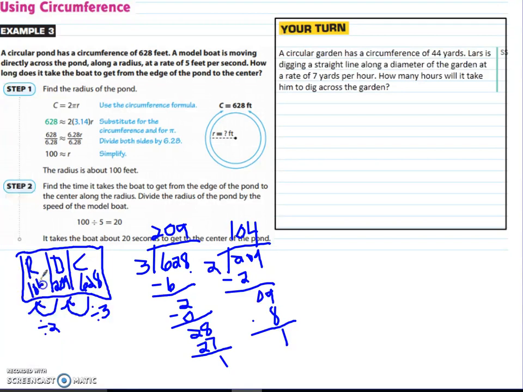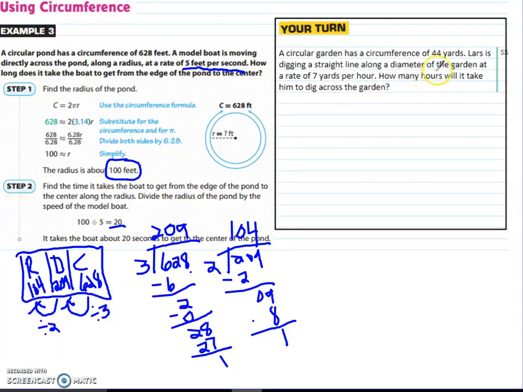But remember, I have approximated. I didn't use 3.14, so we're roughly rounding it to about 100 for the radius. And then if we're going to do it 5 feet per second, we can say 100 divided by 5 and get 20. All right, let's do another one.